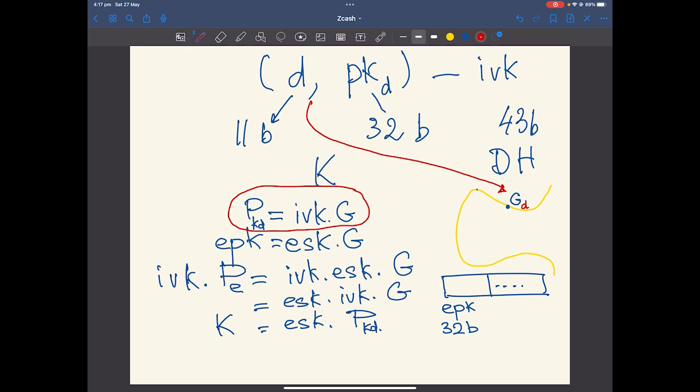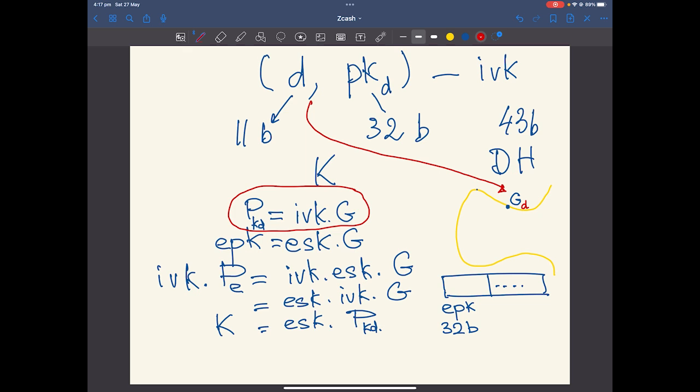Everything else remains the same. The only difference is that you start by taking D, part of the address, and the sender has to figure out the matching generator point.